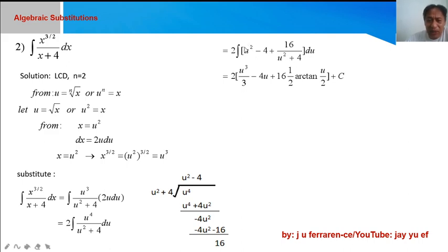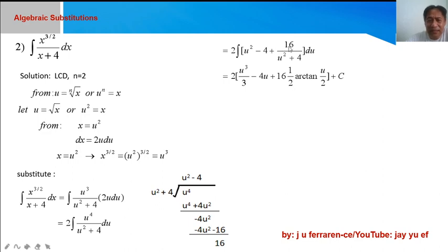So I have to apply integration. The integral of the first term, applying the power rule, is u cubed over 3. There's a 2 before, or we can multiply that with 2 later. Then this is negative 4 times u. Correct?